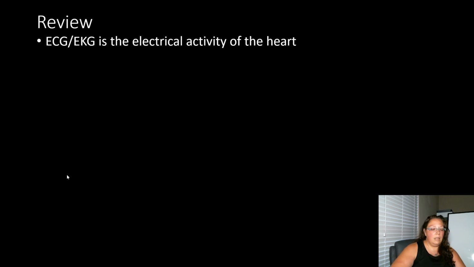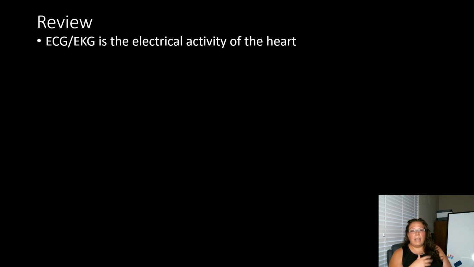All right, so let's review real quick a little bit from last week about basic EKGs. So EKGs or ECGs, electrocardiograms, are a snapshot. It's a picture of the electrical activity of the heart. Now, that picture, along with the assessment of the heart that you have, like listening to lung sounds or heart sounds, and echocardiograms where they take an ultrasound and look at the different structures of the heart, all provides us a better picture of the heart from where we are.